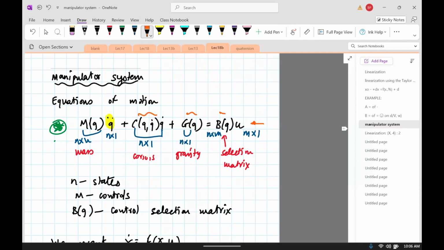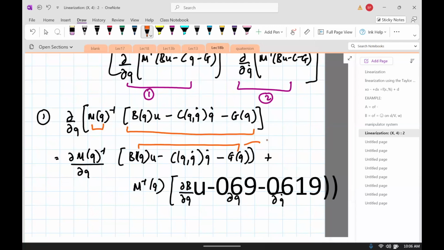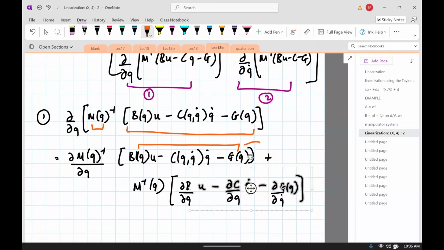So it's basically this term, M(q) q double dot. Now what we're going to do is assume that the whole manipulator is in steady state. When something is in steady state, acceleration is 0. So q double dot is 0, steady state.